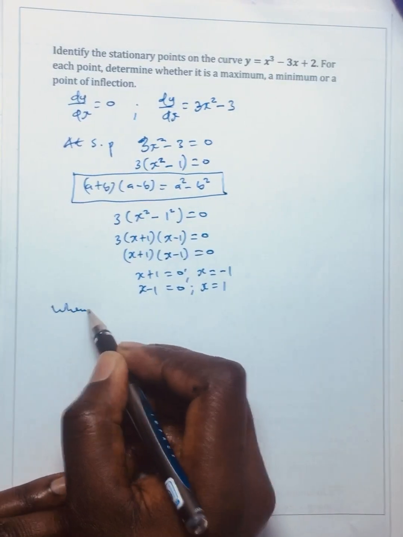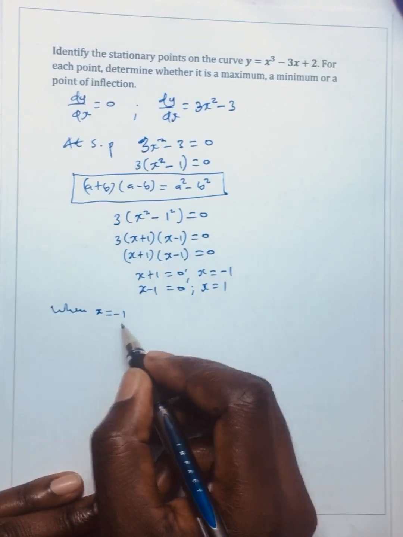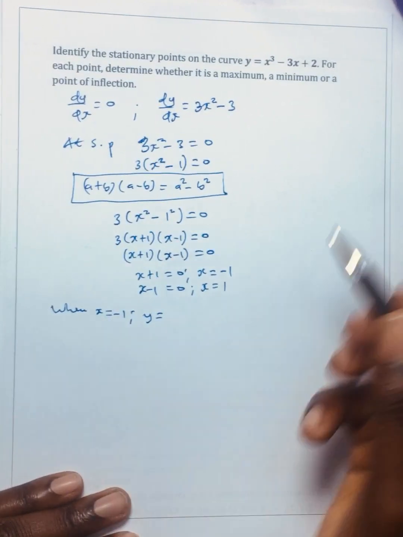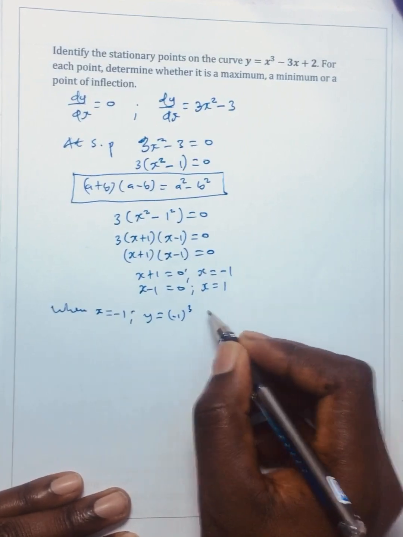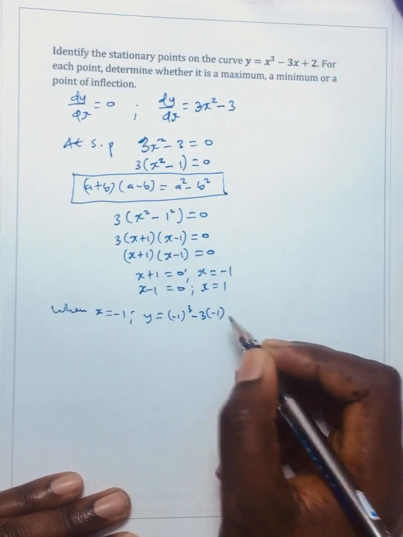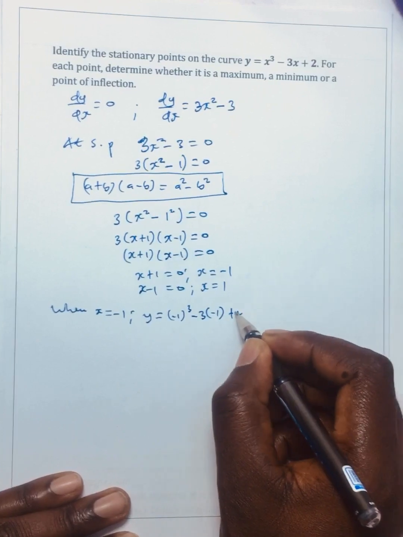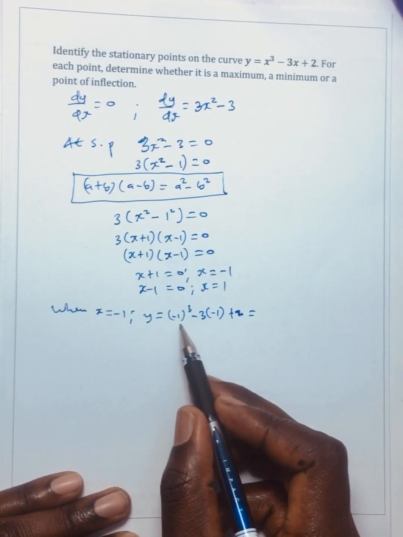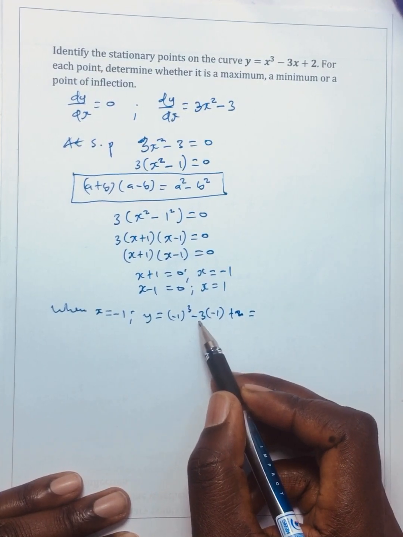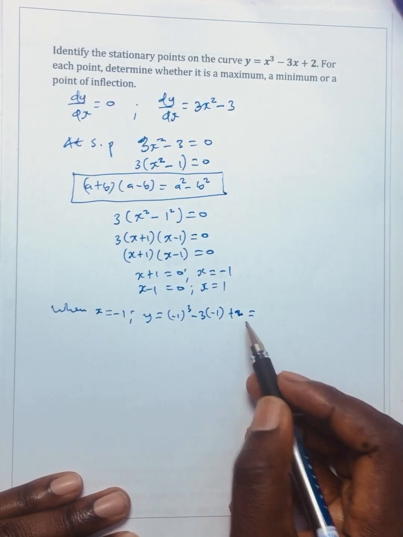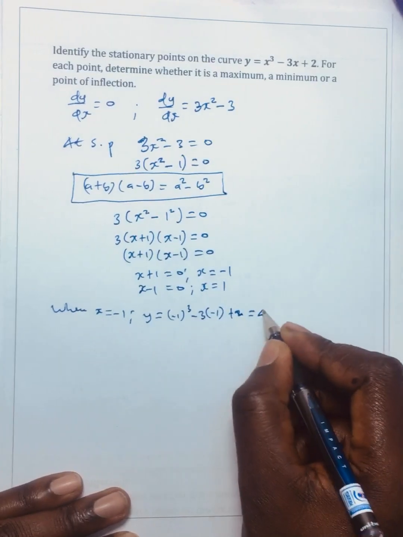So the first one, when x is equal to negative 1, y will be negative 1 cubed minus 3 into negative 1 plus 2. So that is minus 1 plus 3 plus 2. So that will be 4.